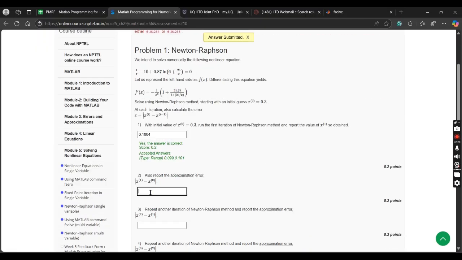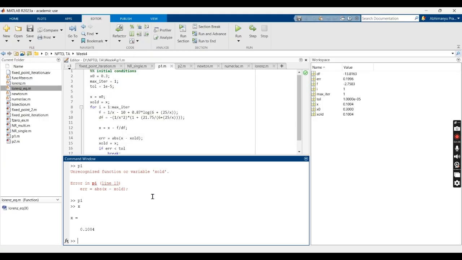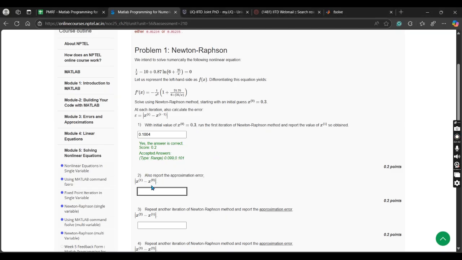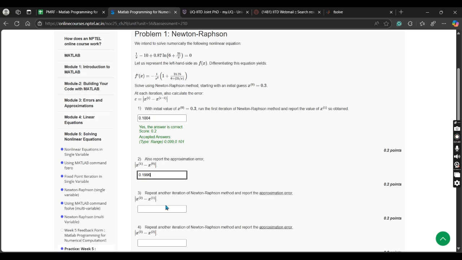Now also report the approximation error. So we got our error as 0.1996. You can say I just need to subtract 0.1004 from 0.3 and I get this.